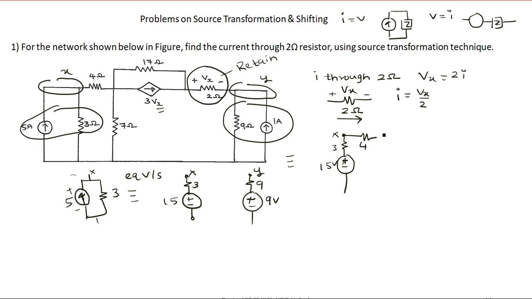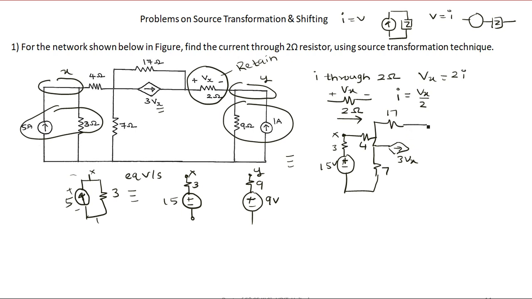Then we have this split up. So we have a 17 ohm resistor, then this dependent current source, 3Vx, and here we have 7 ohms.